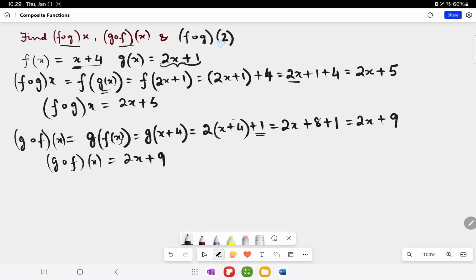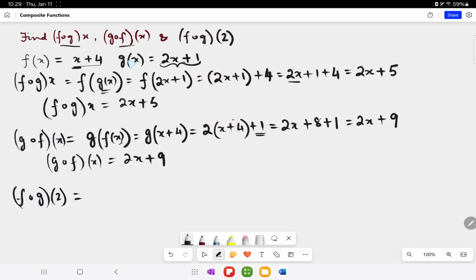The third part says f of g of 2. How do we work on this? F of g of 2, but which expression are we going to use? This is f of x, x plus 4.